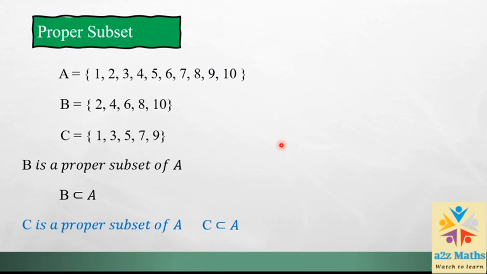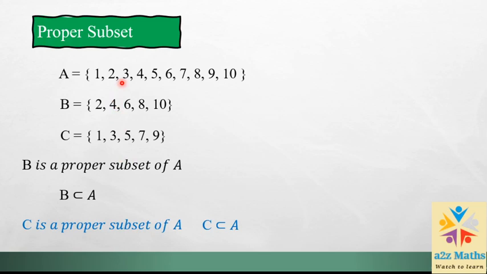Then we have an example that there are two types of subsets. One type is called proper subset, other is improper. Now we'll consider the proper subset. If you look at this example, A, and then we have set B, we have set C. Now you notice that all the elements of B are present in A, and A has some extra elements as well.